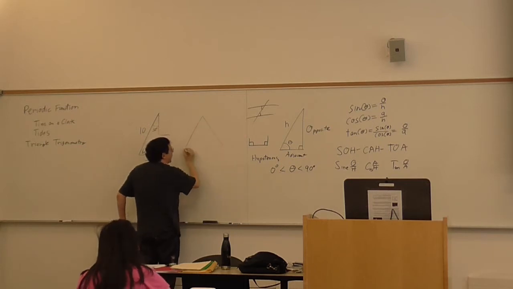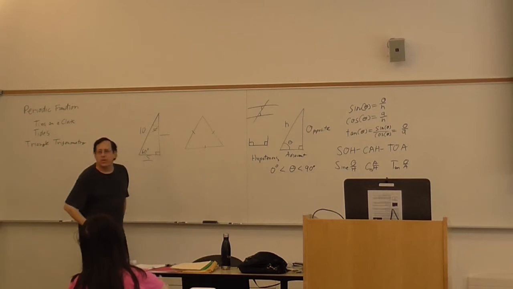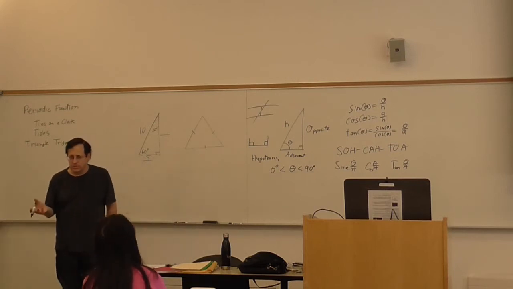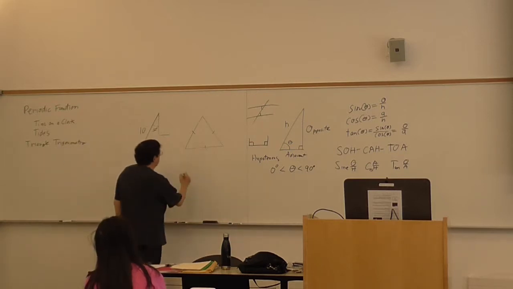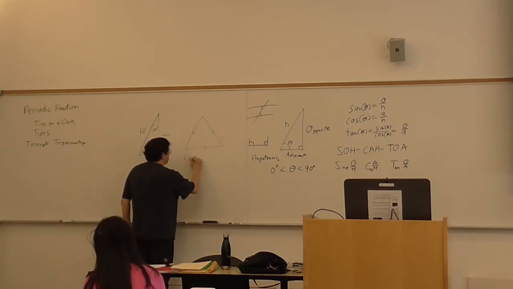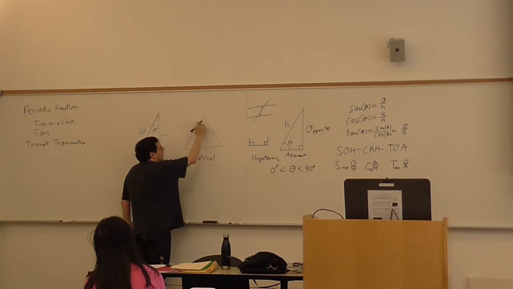Okay, if I have a triangle where all 3 sides are the same, that is called equilateral. If all 3 sides are the same, what do I know about all 3 angles?